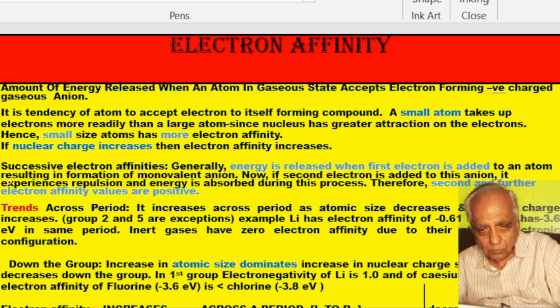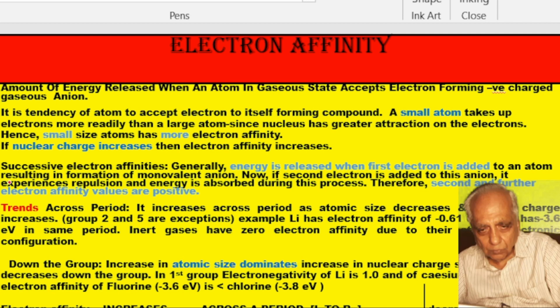Now knowing this, you will be able to answer the trend across the period and down the group. First we will go across the period. In the period, size decreases, charge increases. So lithium, I have given the figures here, has electron affinity of minus 0.61 and fluorine has minus 3.6. Inert gases will be zero, they don't want any electron.